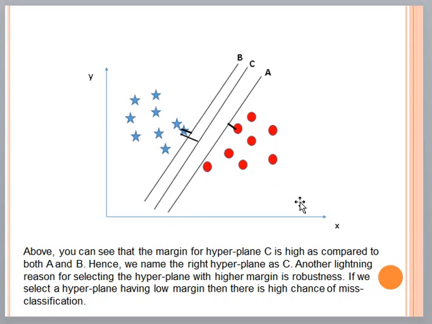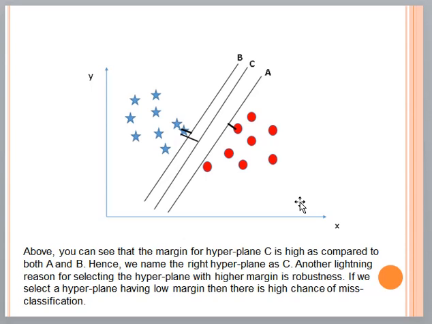So we can say here that the right hyperplane which we can select is C. Another reason for selecting the hyperplane with higher margin is robustness, right? Because remember the very first figure which I showed you: if I don't have this maximum margin, then my solution will not be robust, and with the addition of new data points I can have misclassifications.